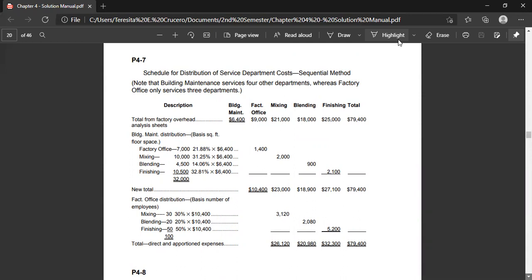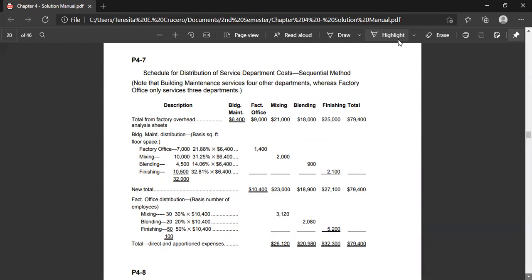Now, take note that the method is a sequential or step method. So we now have the cost of the building maintenance, the factory office, and those of the mixing, blending, and finishing, total of 79,400.